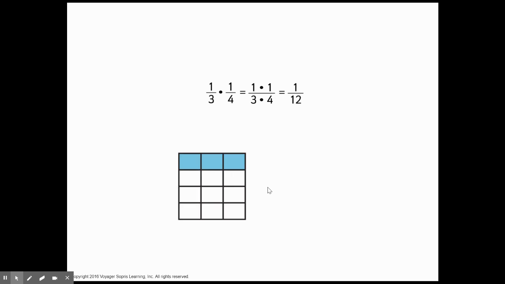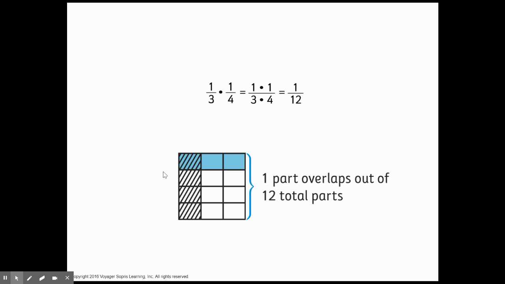We shade 1 out of 4 parts to represent 1/4, and we crosshatch 1 out of 3 parts to represent 1/3. One overlapping part, which is right here, and 12 total parts. The answer 1/12 is correct.